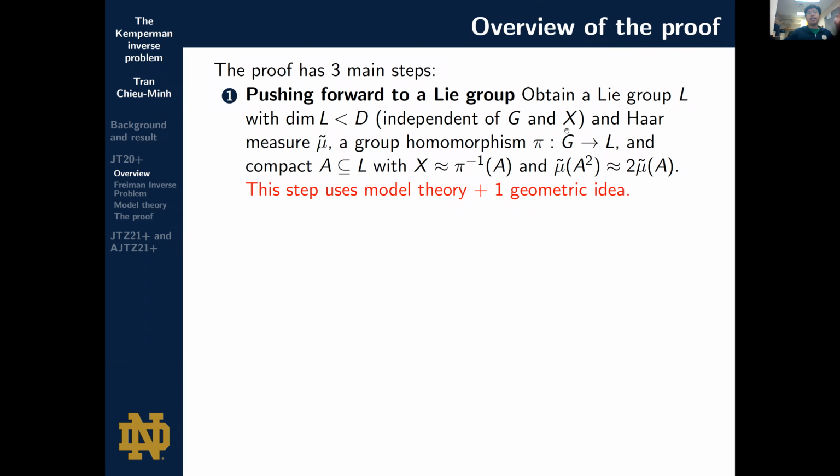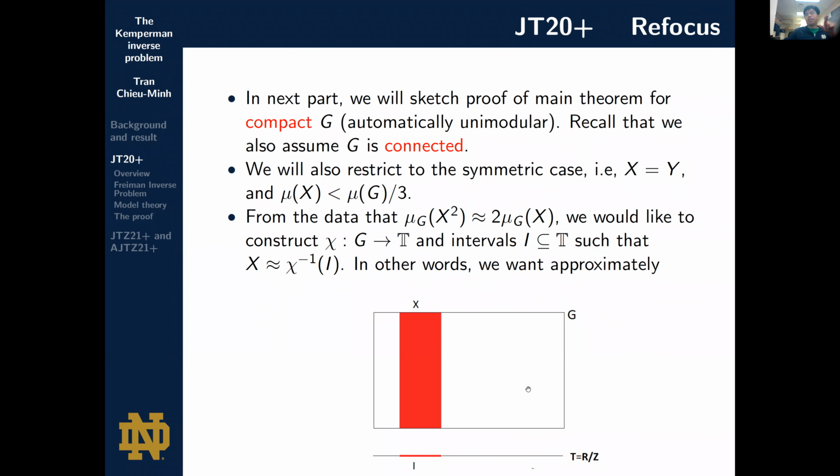In other words, we want to obtain a Lie group L with dimension smaller than some bound, independent of the group G and the set X, together with a Haar measure mu tilde on L. And we want to construct a morphism pi from G into L together with a compact set A in L such that X is close to pi inverse A, and the measure of A squared is nearly equal to 2 times the measure of A. So in other words, we really want this picture, right?